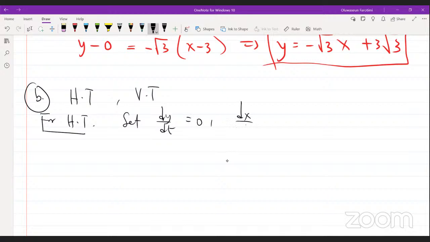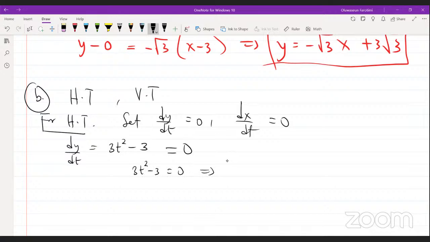Of course, dx/dt has to be non-zero at this point. When we did this, the first derivative was 3t squared minus 3. Set it equal to 0, and that means t squared minus 1 equals 0. This means that t is 1 and negative 1.